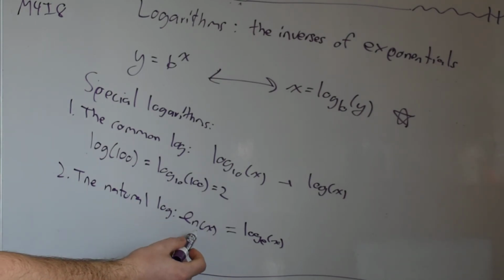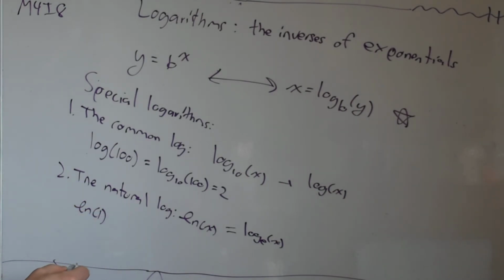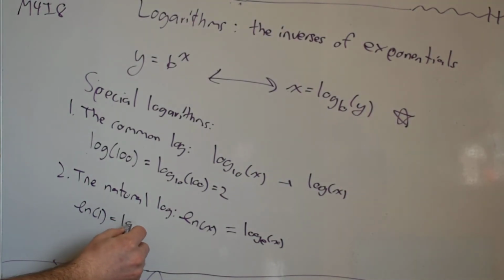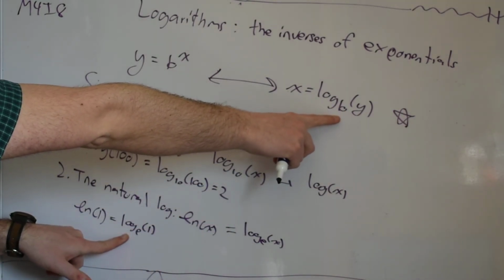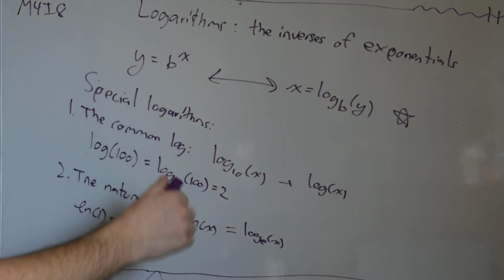So, an example here, the natural log of 1. If we wanted to evaluate this, this is really log base e of 1, and we have a single logarithm, so we can switch to exponential form.